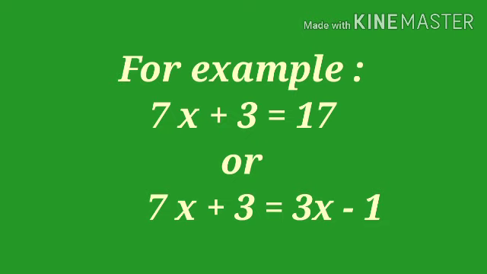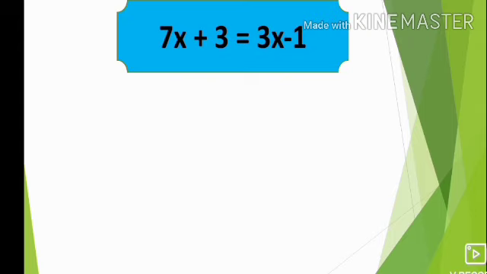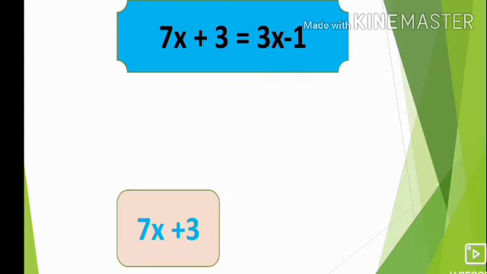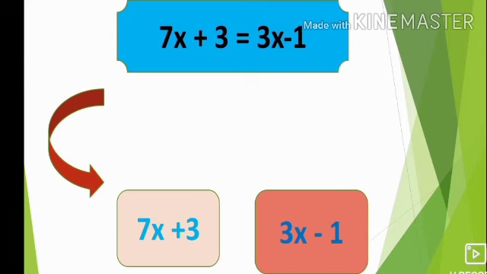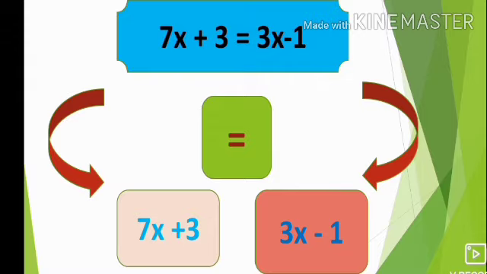The right hand side may be an expression containing the variable. For example, the equation 7x plus 3 equal to 3x minus 1 has the expression 7x plus 3 on the left and 3x minus 1 on the right, separated by an equality sign.